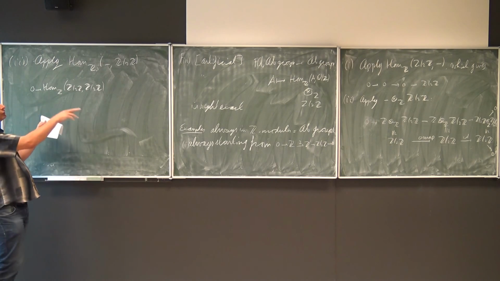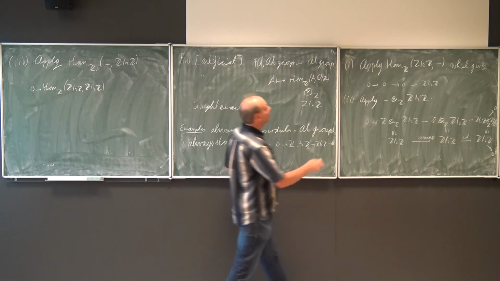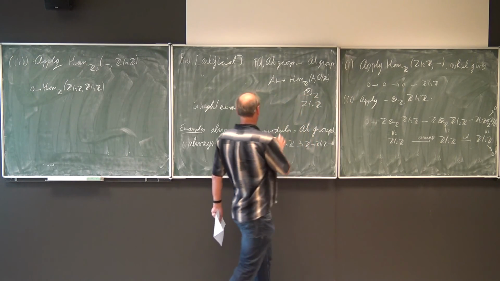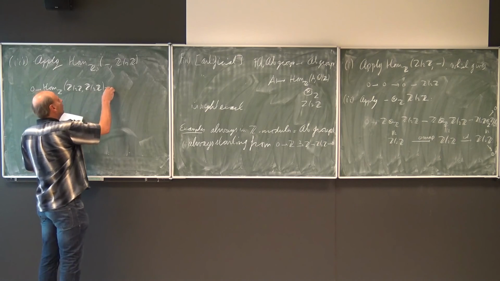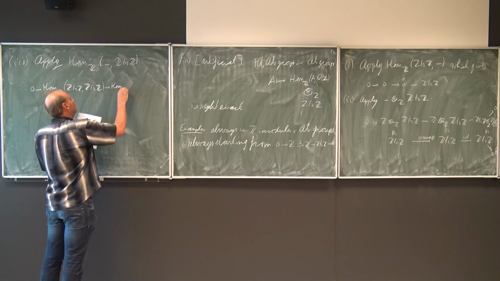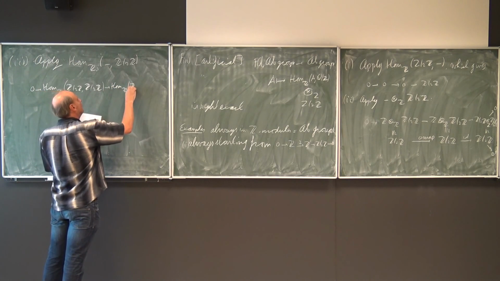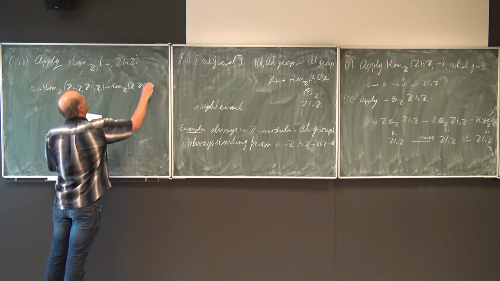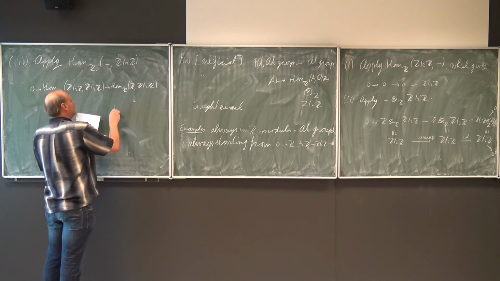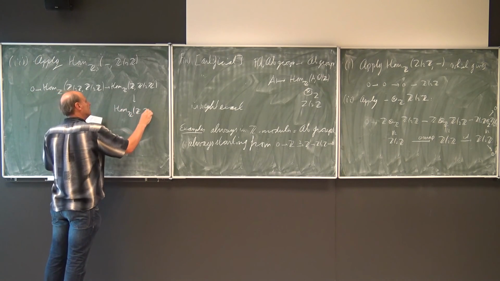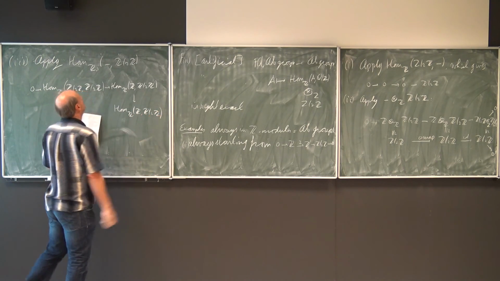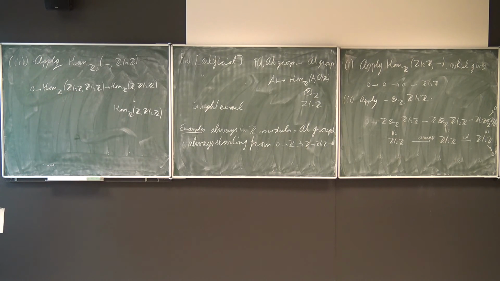So the right-hand term in my test exact sequence here now gives me the left-hand, and then I get Hom_Z. And out of space, I'm going to bend the sequence. And then you have to compute what this is.